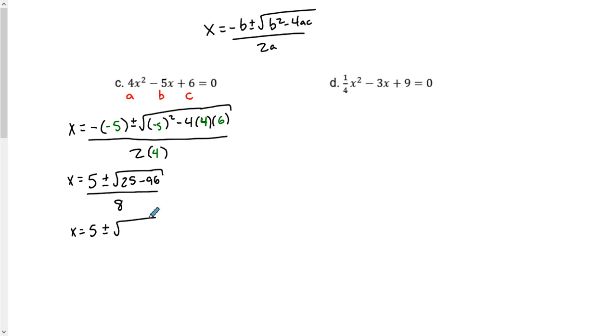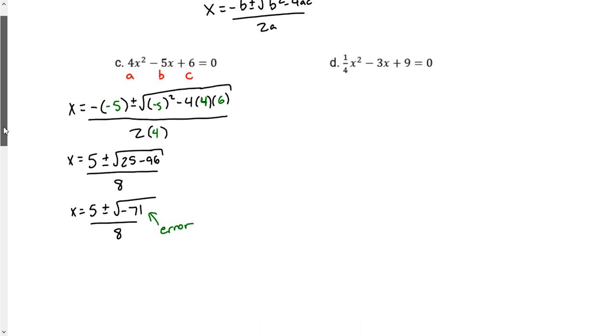25 subtracting 96 is negative 71. Now, if we were to type in the square root of negative 71, we get an error. Sorry, I'll just start erasing this. You cannot take the square root of a negative number.